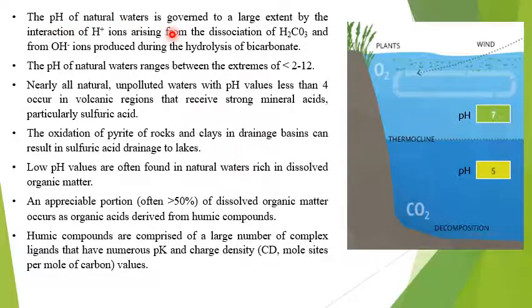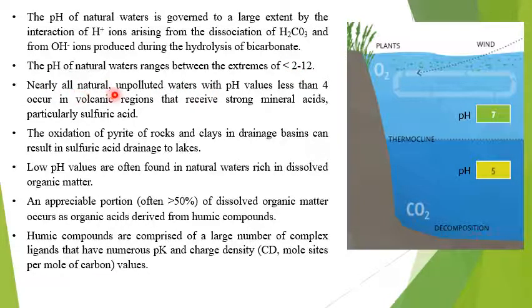The pH of natural water is governed to a large extent by the interaction of H ions arising from the dissociation of H2CO3 and OH ions produced during the hydrolysis of bicarbonate. The pH of natural water ranges from 2 to 12.